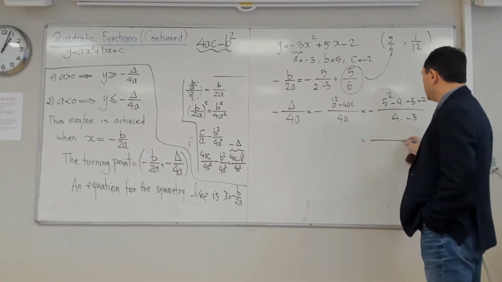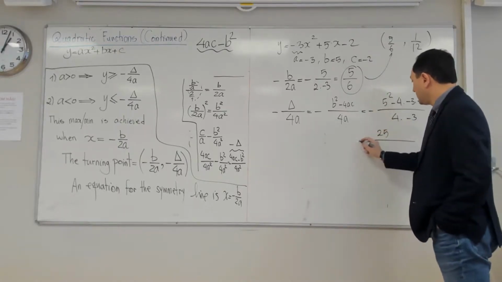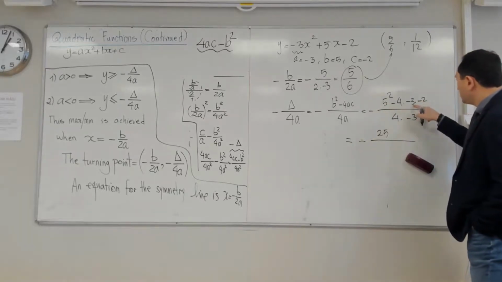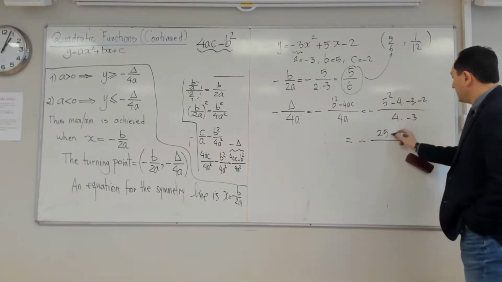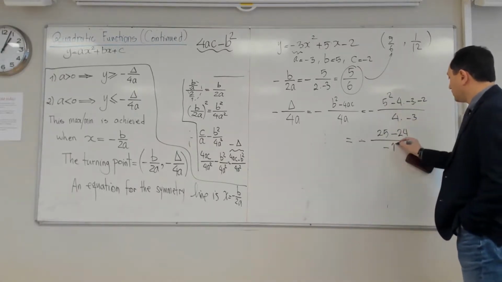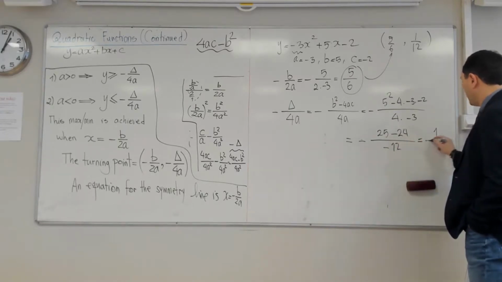Then you calculate. 25, oh, sorry, there is a minus sign here. 25 minus, minus 3 multiplied by minus 2 is positive 6. Positive 6, times 4 is 24. 4 times minus 3 is minus 12. We are done because 25 minus 24 is 1.